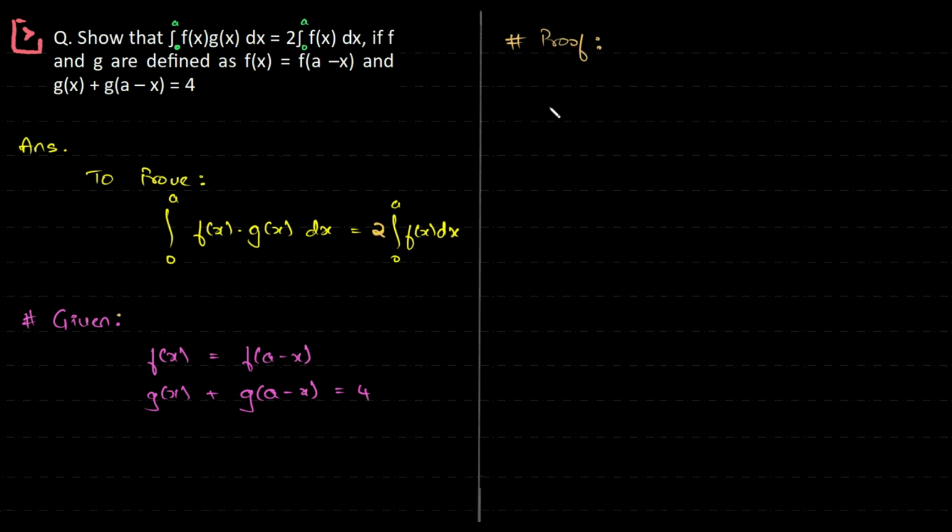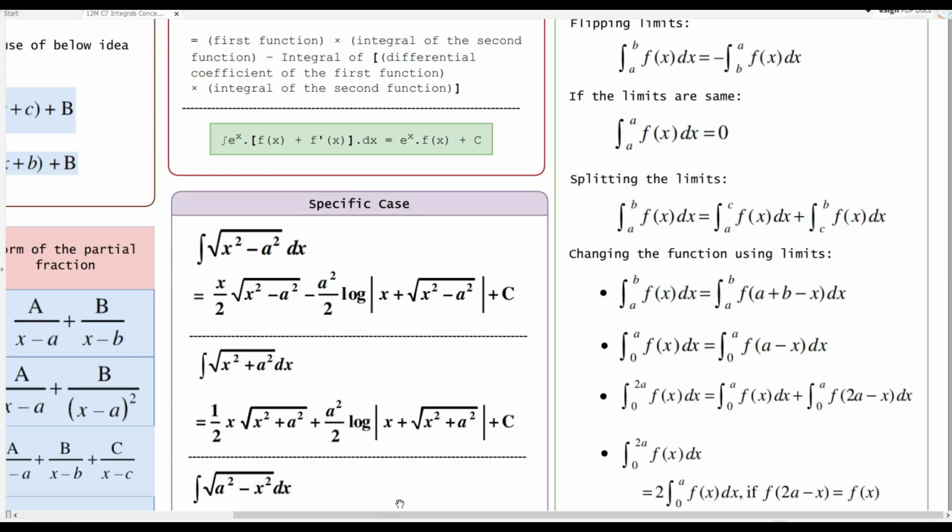So we have the LHS, which is the integration from 0 to a of f of x g of x dx. What is the obvious thing to do? Yes, make use of this particular property.